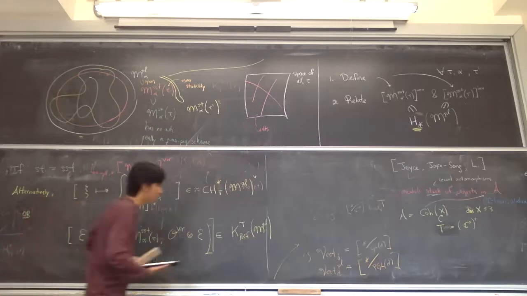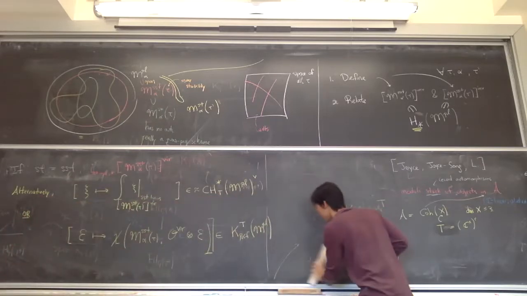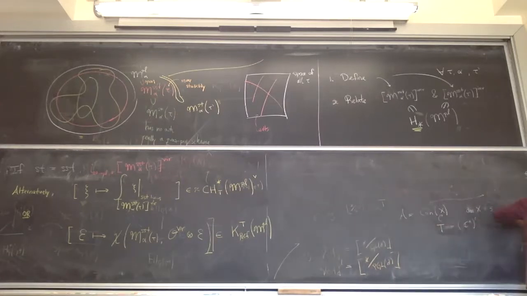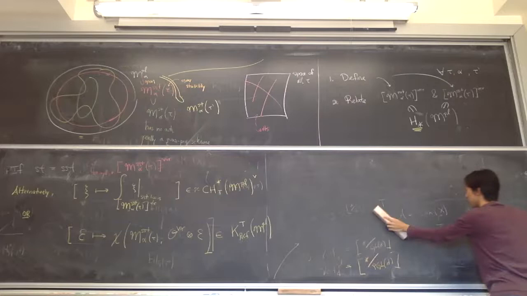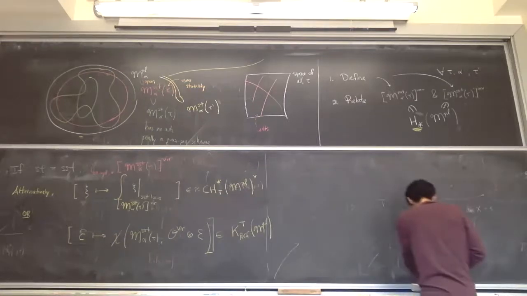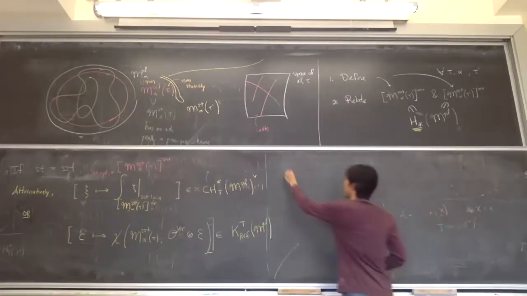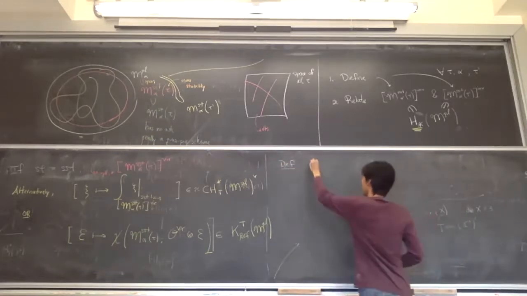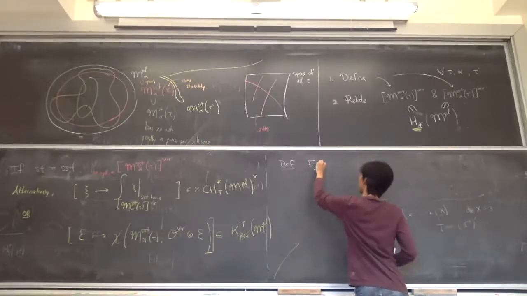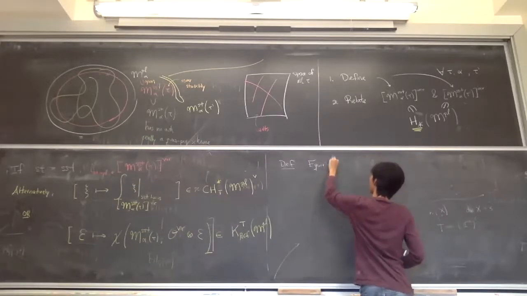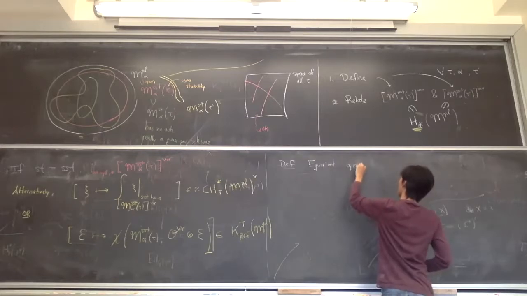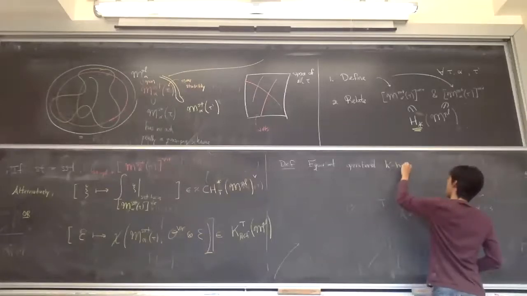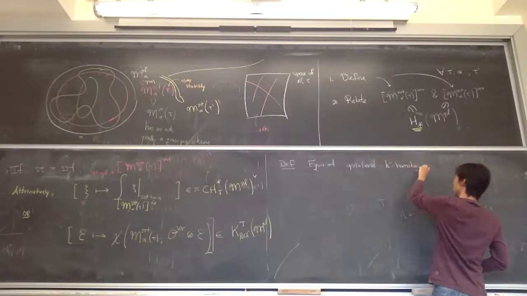Okay, so let me be more specific about what this K group is, because I think it's kind of interesting. Here's a small definition. So this is called equivariant operational K-homology, and I'll explain what this word operational means soon.